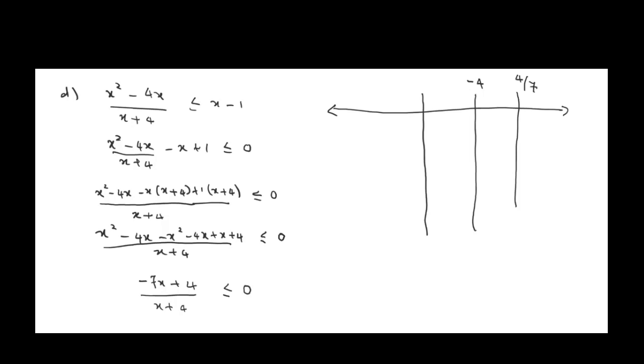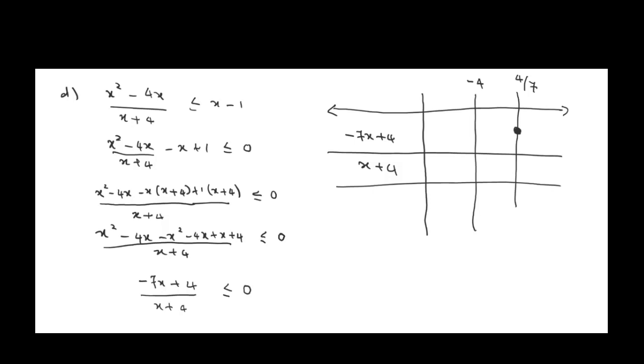Then list down all the expressions: in the numerator negative 7x plus 4 and in the denominator x plus 4. We have to remember here we have the equal sign. The numerator can take the value of 0, but the denominator cannot. So negative 7x plus 4, 4 over 7 will make it 0, and it is in the numerator, so it can take the value of 0.